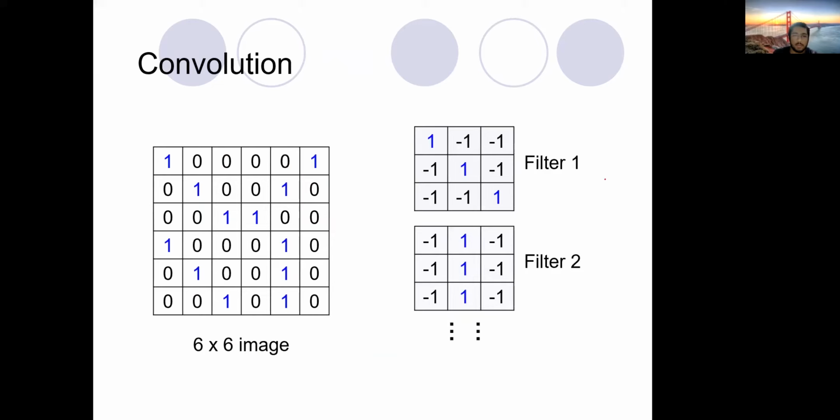Now, if you notice, there's actually a pattern that we can detect. You can see that right here. That's our first pattern that we're trying to detect, and this is the second pattern that we're trying to detect, right? So in this one, it's +1 going diagonally, and in this one, it's +1 going vertically.